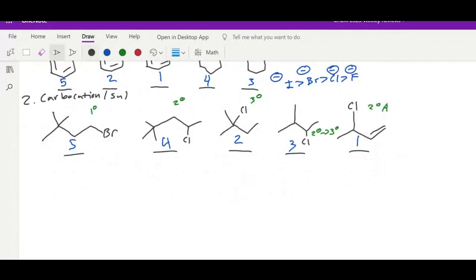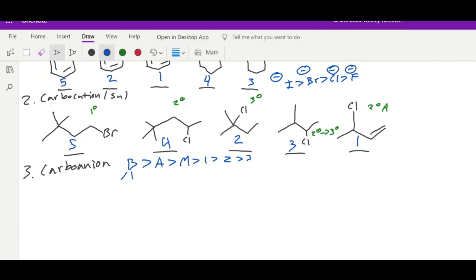All right. Question 3. Now we're looking at carbanions. Okay, and I'm just going to remind you guys of the trend: benzylic, allylic, methyl, 1, 2, 3.